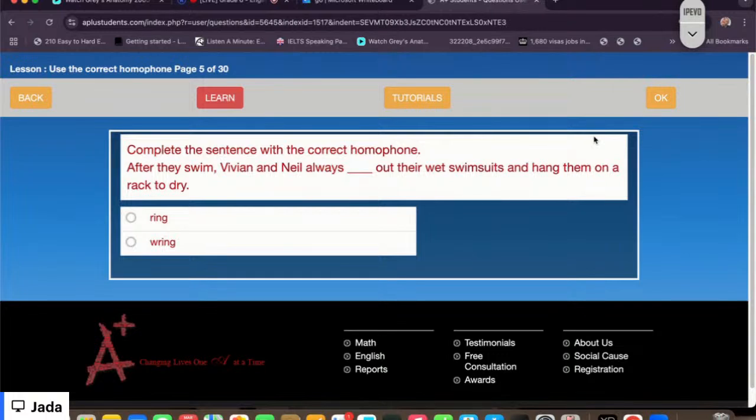After they swim, Vivian and Neil always dash out their wet swimsuits and hang them on a rack to dry.